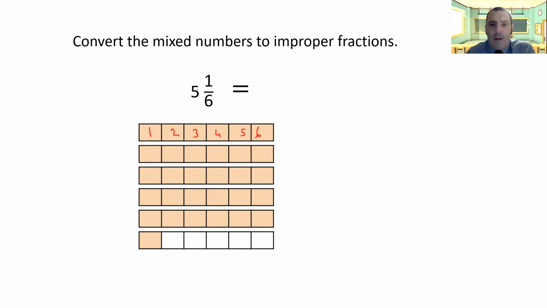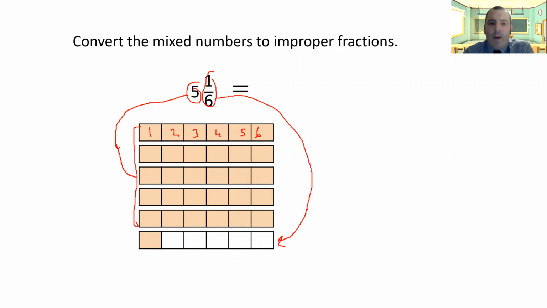Each one is filled in, so that's my 5. So this 5 here is equivalent to these 5 full bars here. My 6th there is my bar at the bottom here.